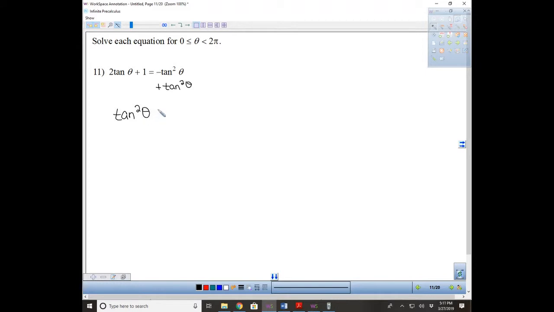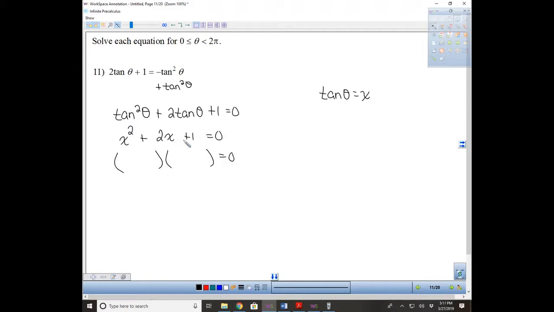So I have tan squared plus 2 tan theta plus 1. And like I talked about in class, if you don't like looking at the trinomial like this, think of tangent as being x. So replace every tangent theta with an x. So this would be x squared, this would be 2x, and this would be 1. And then factor like normal.